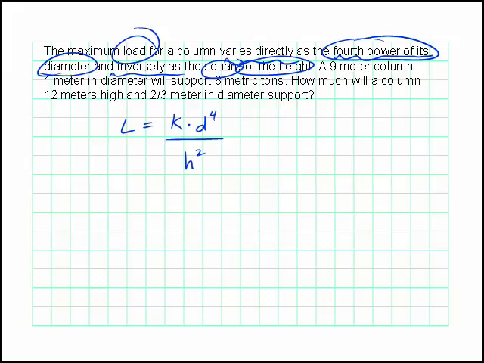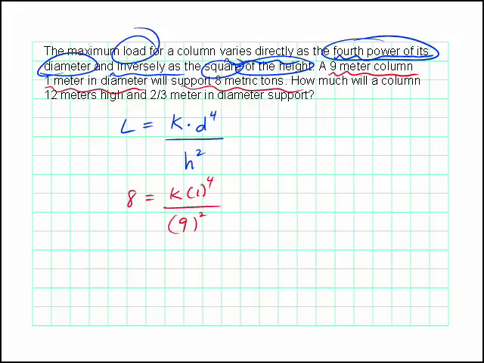Okay, we got to find k. So let's plug in this extra information they give me here. A 9-meter column, I think that's the height, 1 meter in diameter, will support 8 metric tons. Let's plug all those numbers in. The load is 8 tons. The diameter is 1 to the 4th power. Height is 9, and you got to square that.